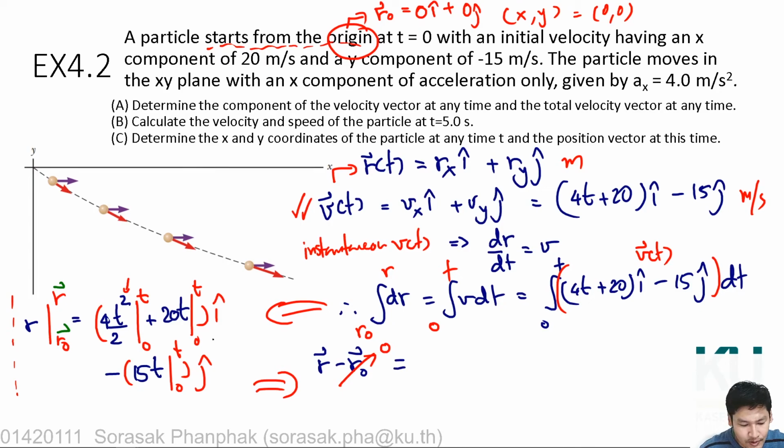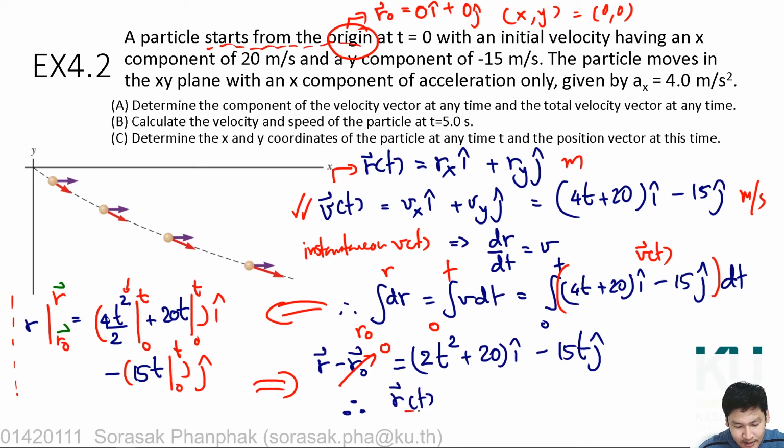This is equal to this substitution in, so you got 2t squared plus 20t in the i direction, and minus 15t in the j direction. So your final result is r(t) at any time point, because you integrate with the limit of any time point.